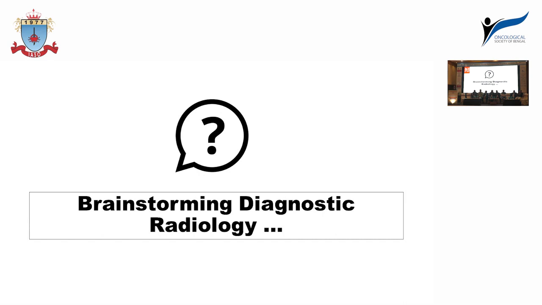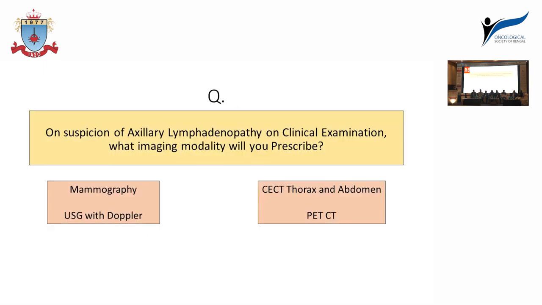So our first concern is what diagnostic radiological technique we perform on the patients. Dr. Saurabh, what do you think? On suspicion of axillary lymph node on clinical examination, what imaging modality will you prescribe to your patients?